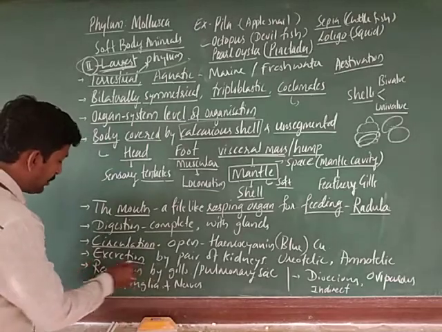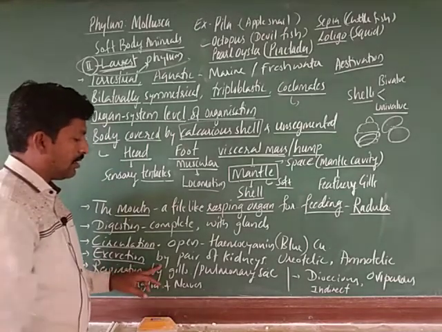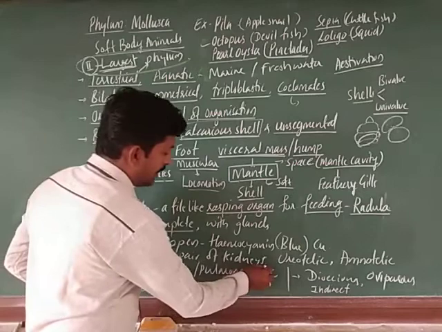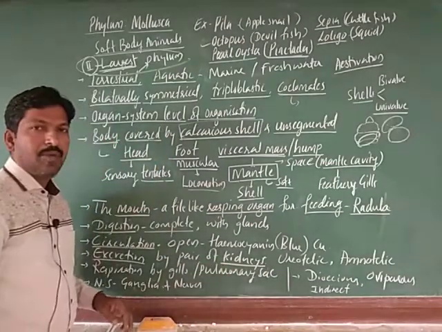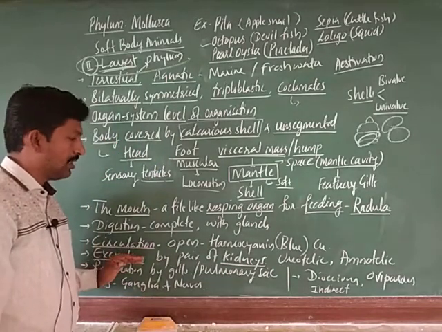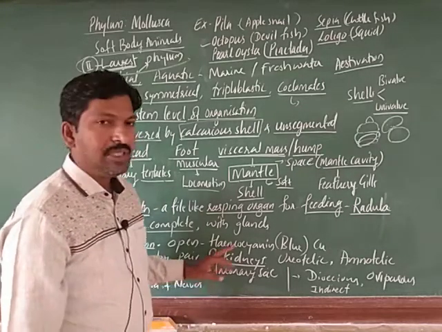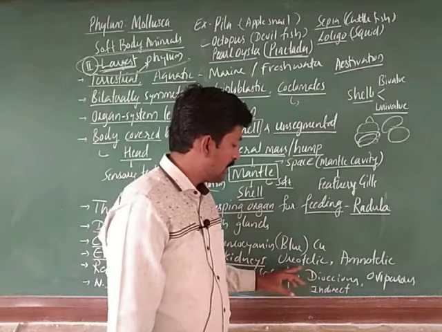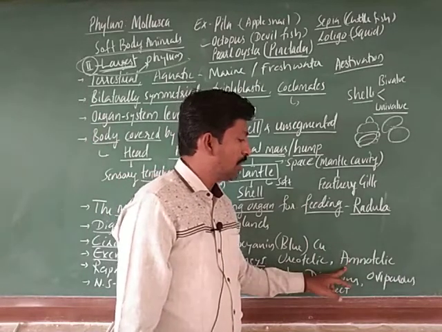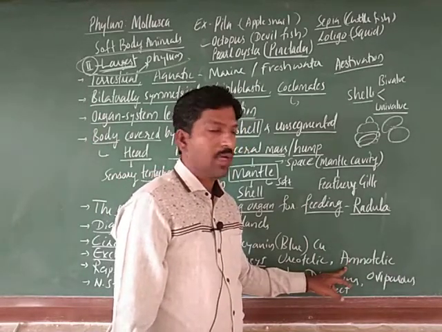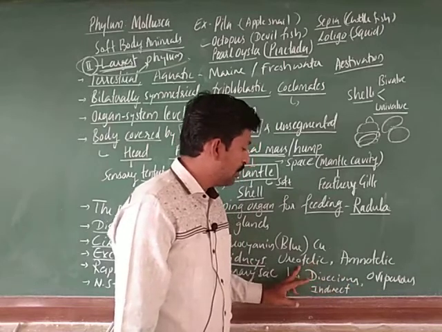Next, excretion. Excretion is by a pair of kidneys, and the animals are either ureotelic or ammonotelic. I hope you understand these terms.